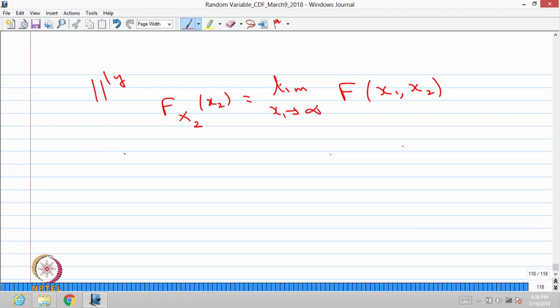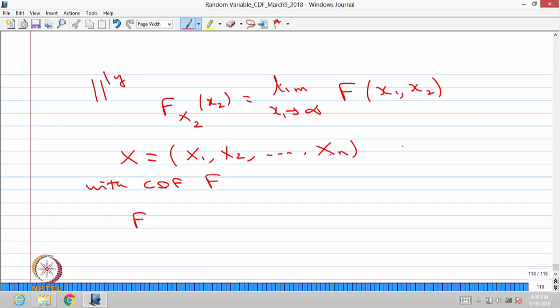Suppose I denote capital X as an n-dimensional random vector. Instead of again and again writing an n-dimensional random variable, I can write capital X with the CDF capital F. That means F also has n variables.